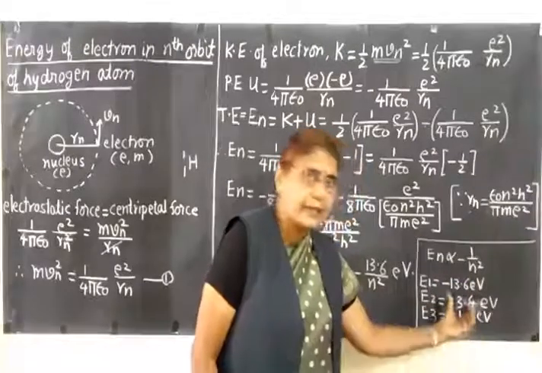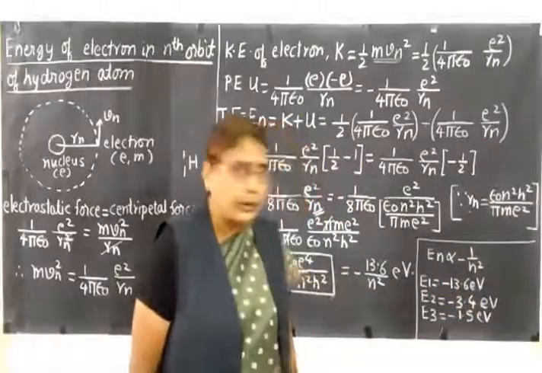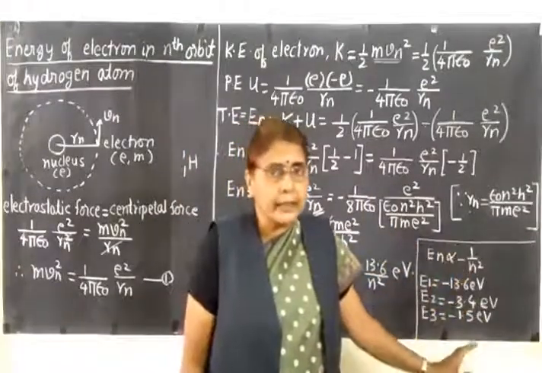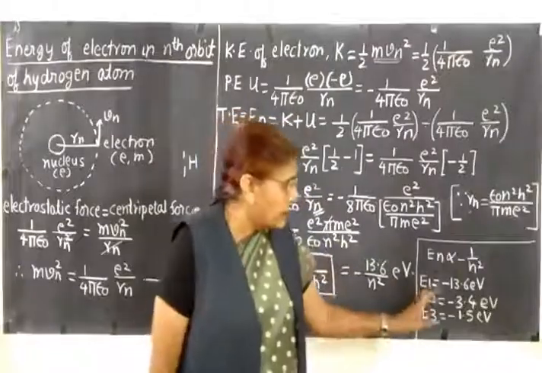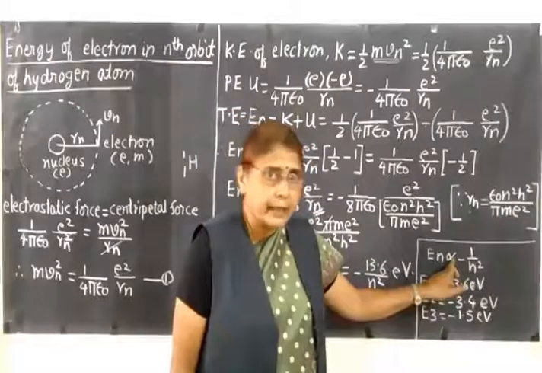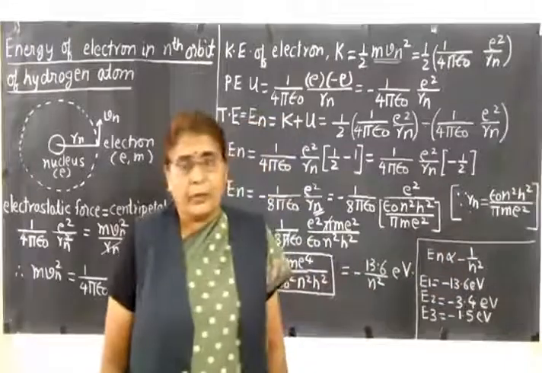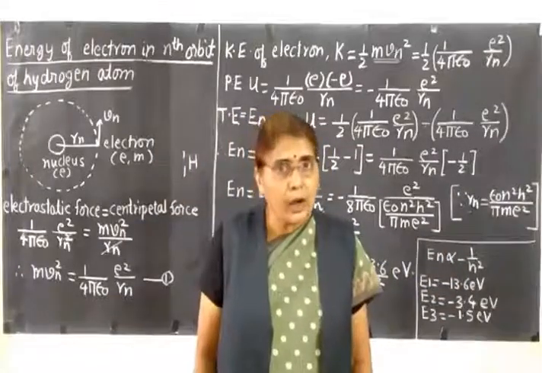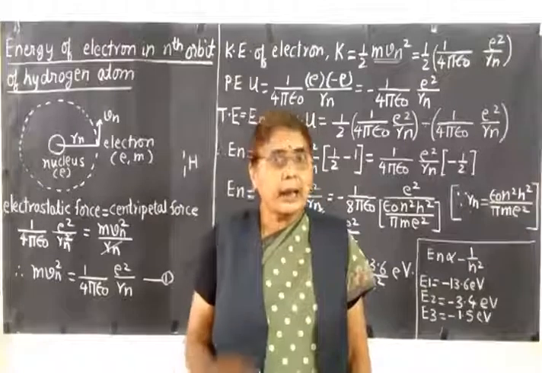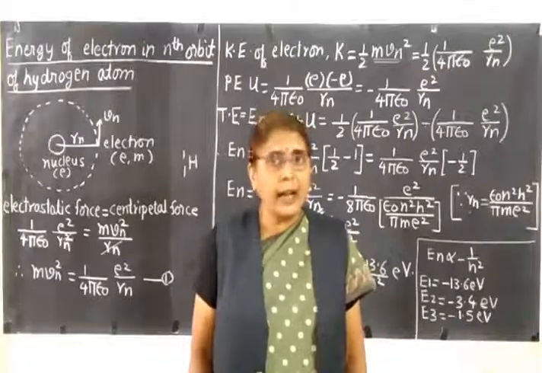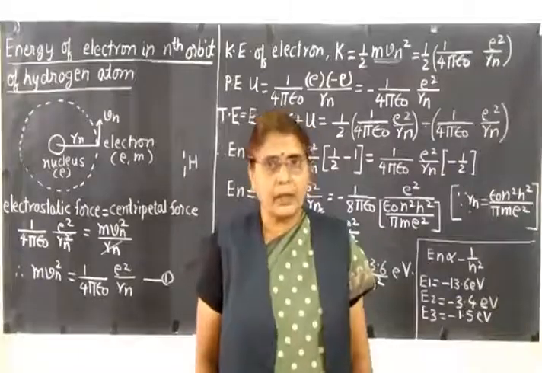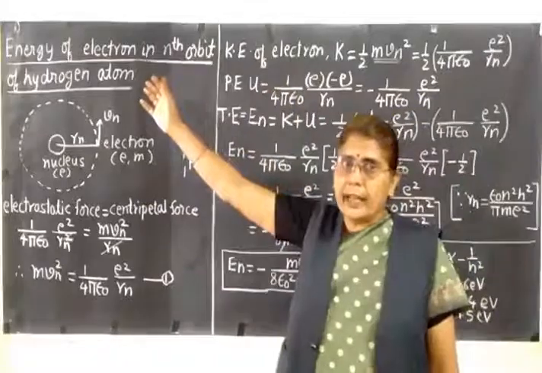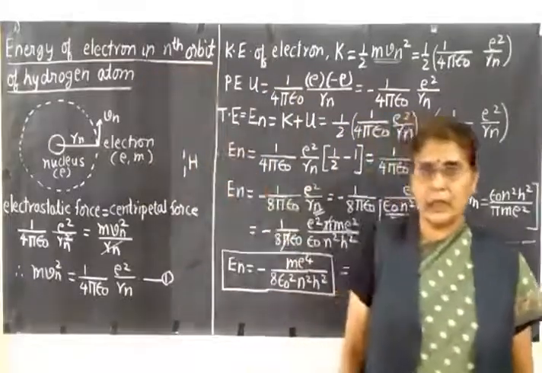Minus 1.5 is greater than minus 3.4. So as you go to the outer orbits, the energy goes on increasing. So we can conclude like this: electrons revolving in the outer orbits have more energy compared to the electrons revolving in the inner orbits. So this is about the derivation for energy of an electron in the nth orbit of hydrogen atom.